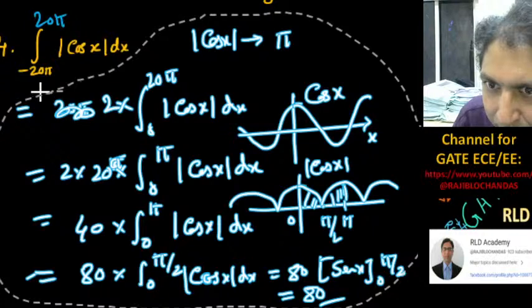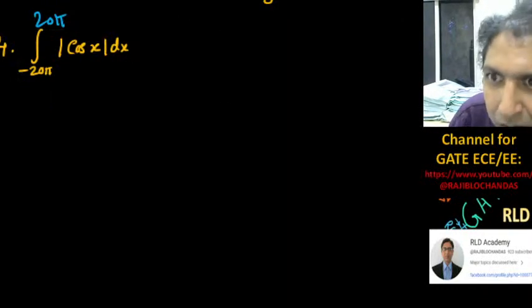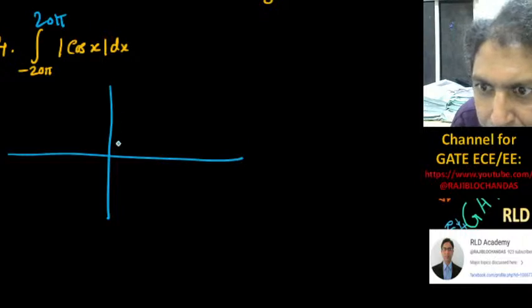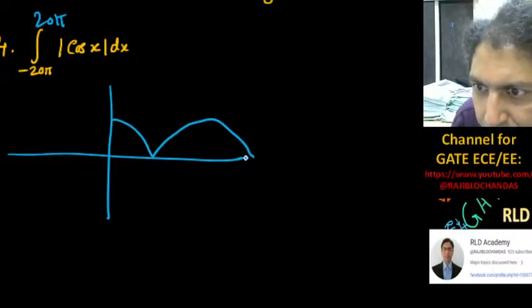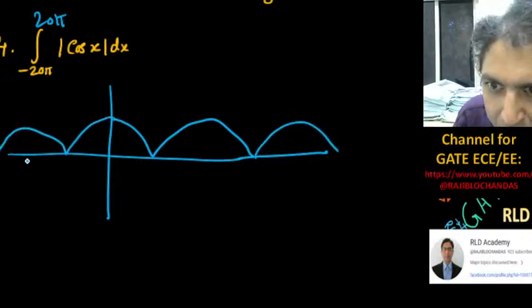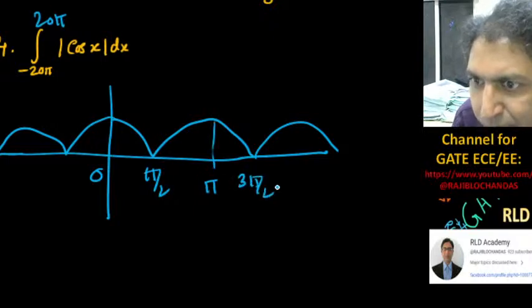So this kind of problem, this is the curve mod of cos x. So 0, it is pi by 2, this is pi, it is 3 pi by 2.